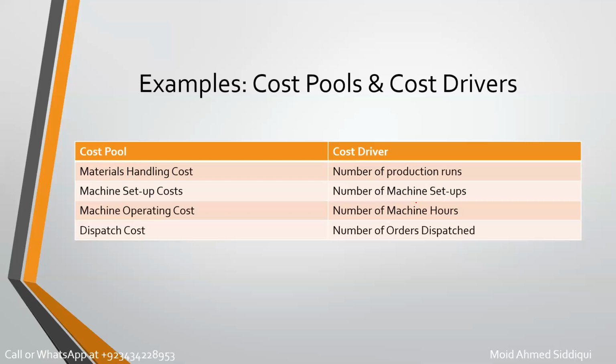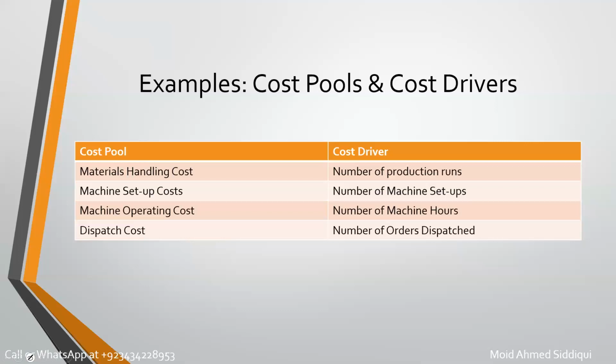Similarly, if you look at the last example, the more orders that you dispatch, the more dispatch cost will result. So dispatch cost is a cost pool for which the number of orders is a cost driver. These are some of the very fundamental points about activity-based costing.